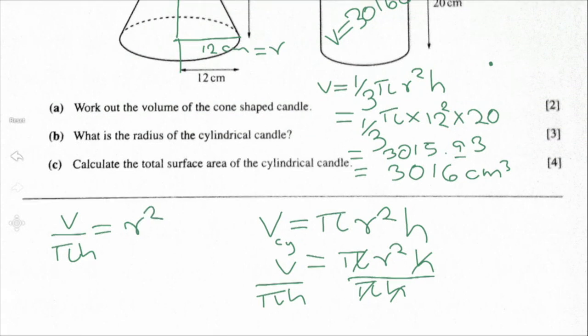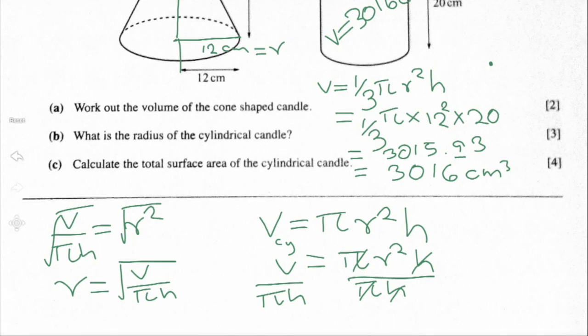So that's the result. V over pi h is equal to r squared. And then to remain with r, we can take the square root there. What's the square root of r squared? That's r equal to the square root of V over pi h. So that will be your r.